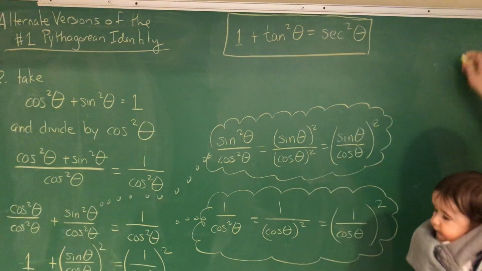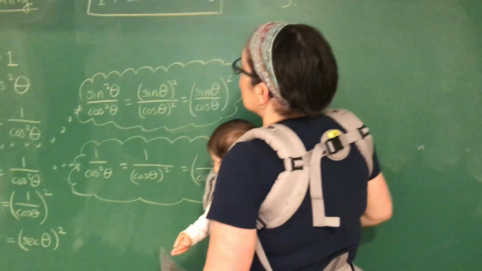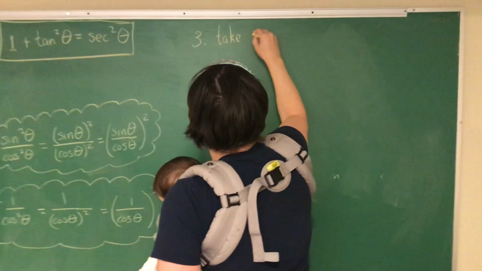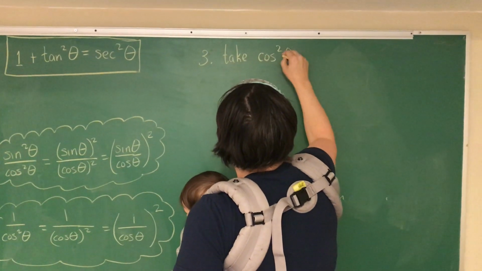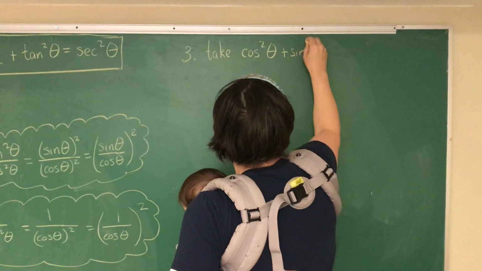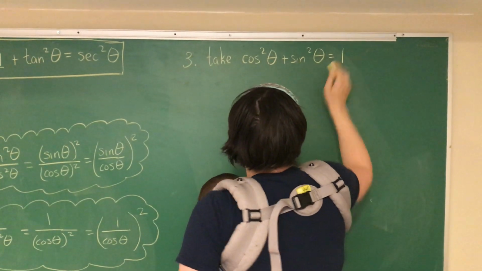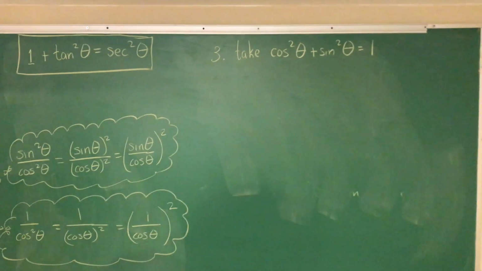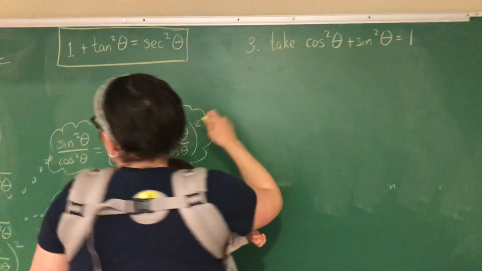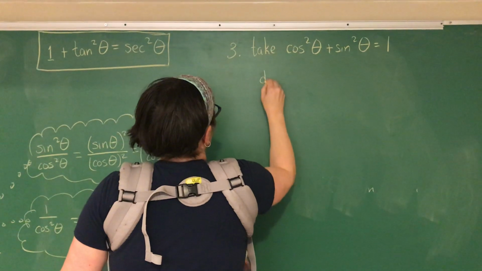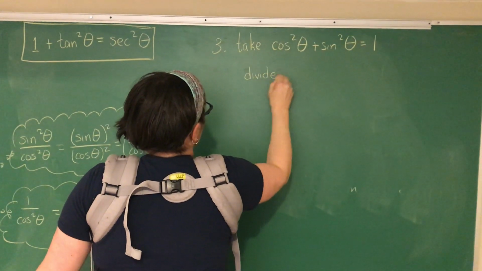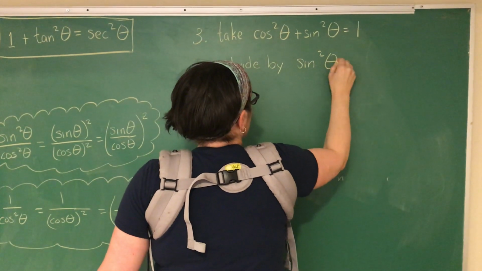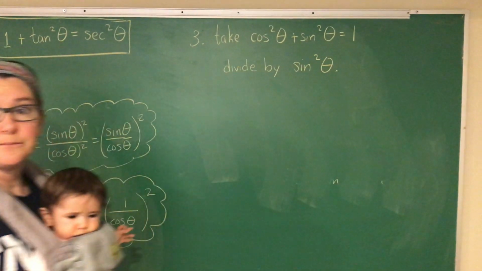It turns out that there is a third Pythagorean identity where we will take cosine squared theta plus sine squared theta equals 1. That's our number one trig identity ever. And instead of dividing by cosine squared, we're going to divide by sine squared theta.